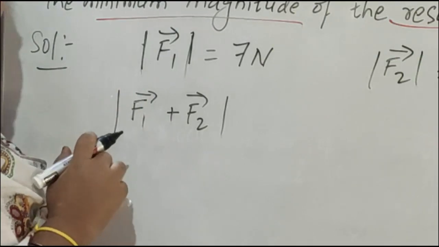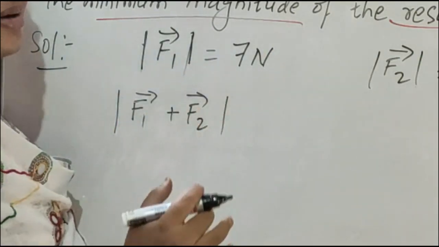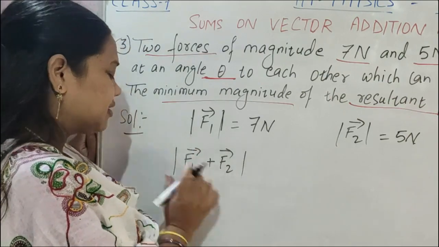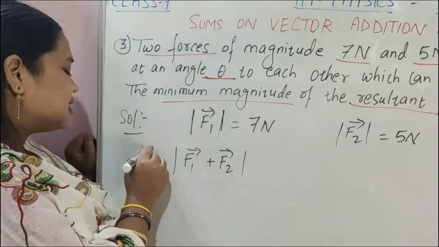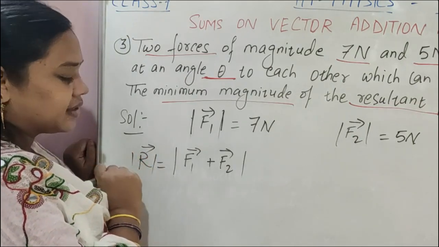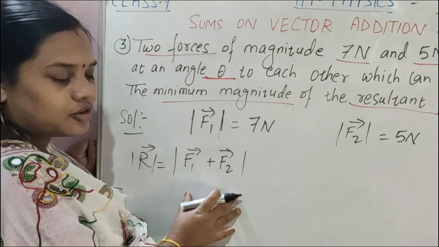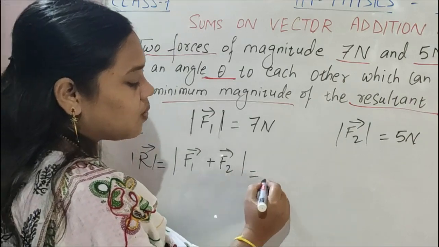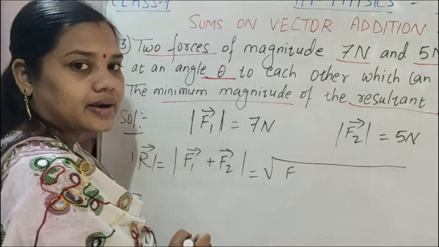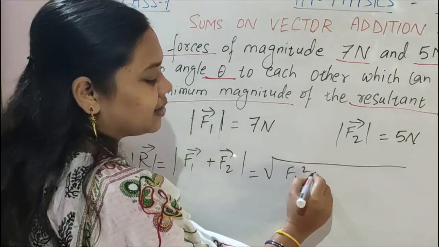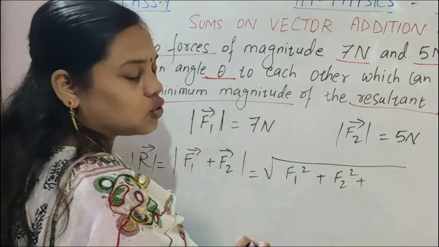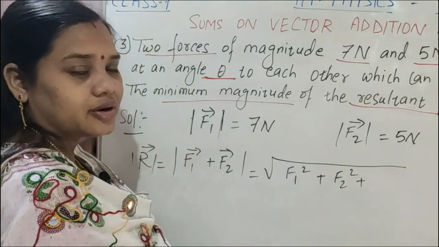These two forces combine and form a single vector, that is the resultant vector, which is what you have to find here. So f1 vector plus f2 vector is equal to the square root of f1 square plus f2 square. A square plus b square, formula already over.